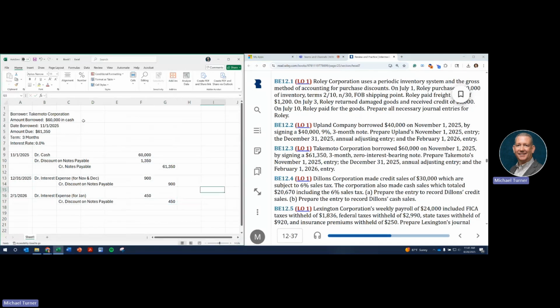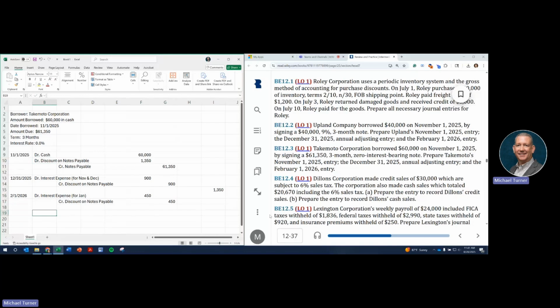If we look at these two together, we can see we did $900 at December 31st to capture November and December, plus we did $450 to capture January, gives us the total of $1,350. So the entire amount of the discount on notes payable, $1,350, is amortized in these 2 journal entries. So the balance is now 0.